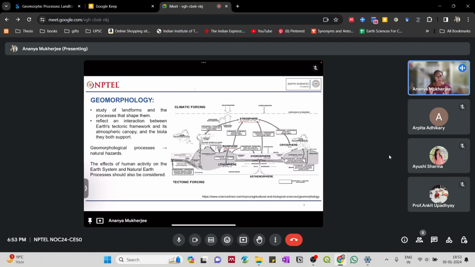So in geomorphology, mostly we will deal with the natural processes that are forming the landforms and causing these weathering and erosion processes. But if we understand geomorphic processes, then we can also understand how the influence of human activities is enhancing these natural processes, and they are actually causing much more damage than if it was just naturally happening.